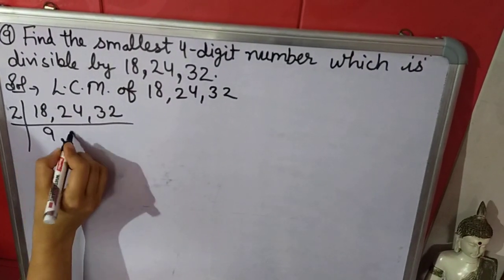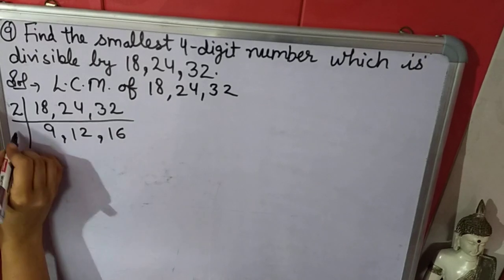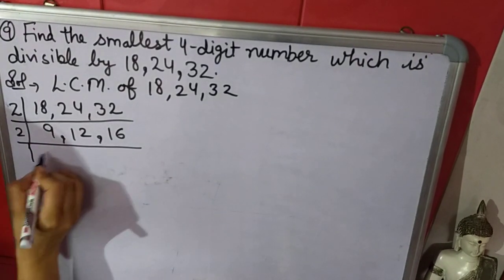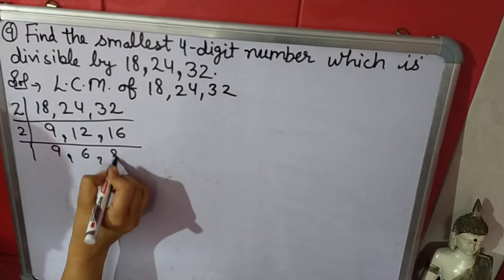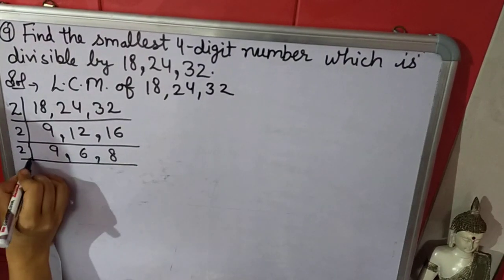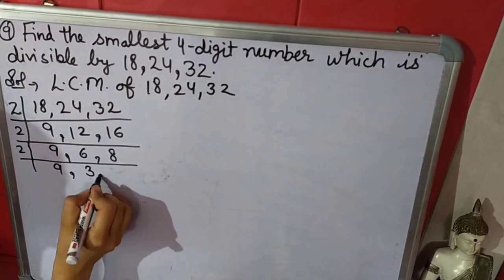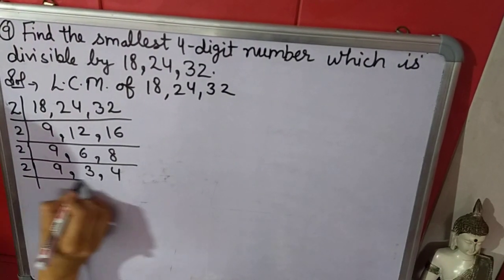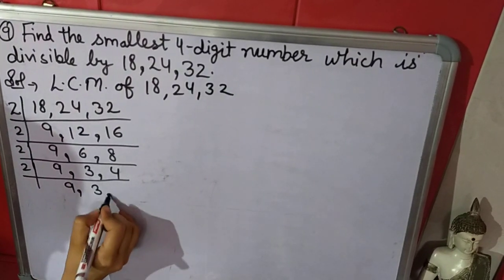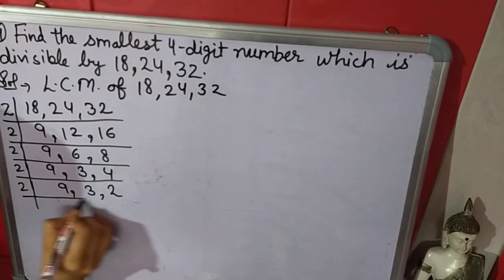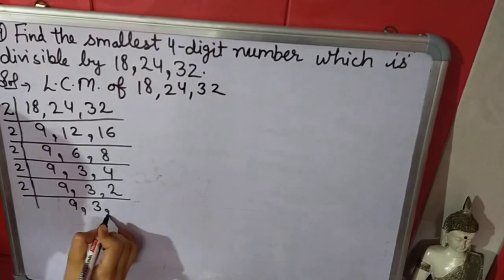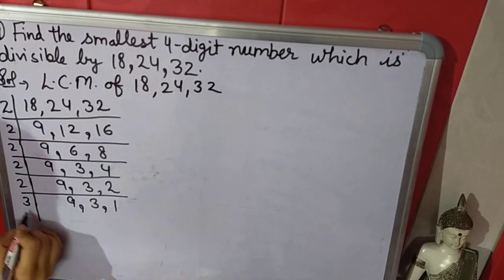Two 9s are 18. Again on 2. Again on 2. Again 2. Again 2. Now they will go on 3.